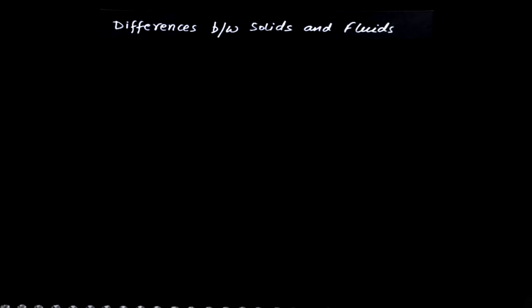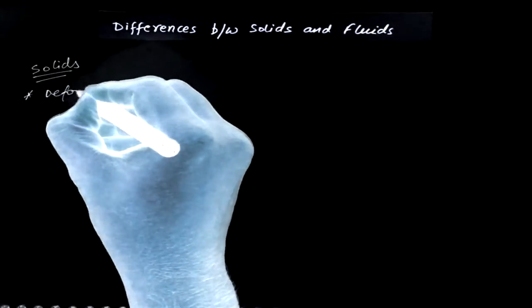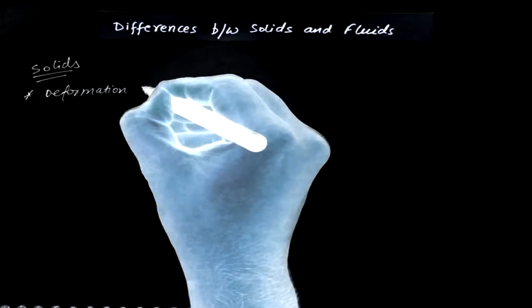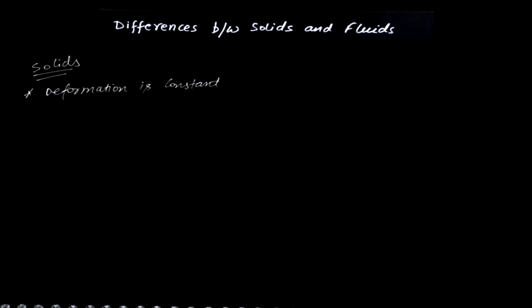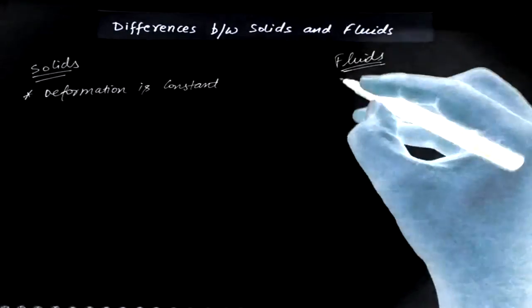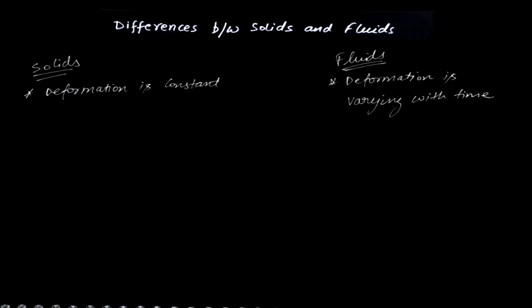Our next topic is what are the differences between solids and fluids. The first difference is that in case of solids the deformation is constant, and in case of fluids the deformation is varying with time.